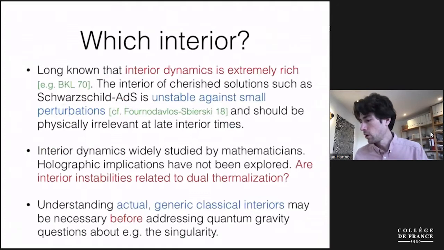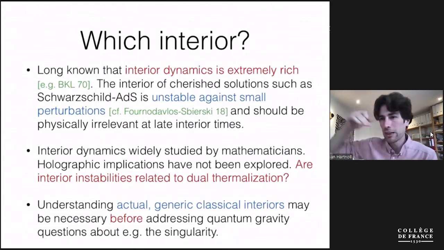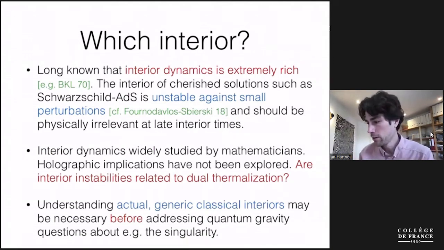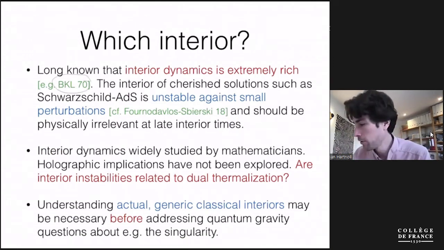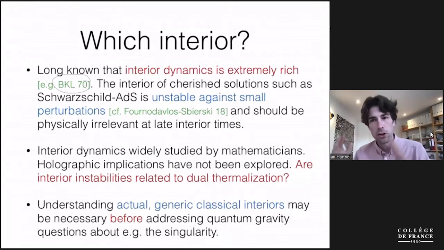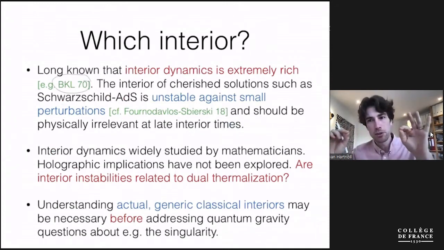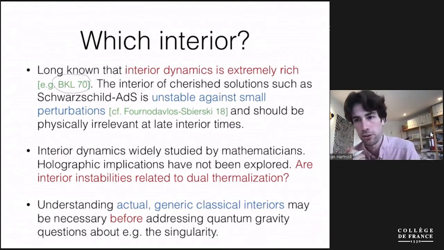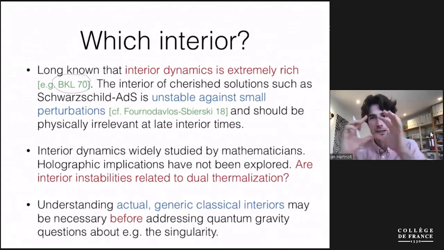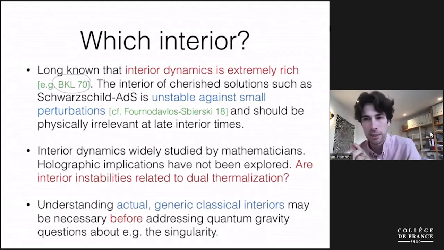It's been known for a long time, as I think you've been seeing in other lectures in this course, that the interior dynamics of a black hole as you approach the singularity is extremely rich. BKL is a famous example of this. But almost all the studies that people have done in holography of looking behind the horizon have just used the AdS-Schwarzschild solution. But the interior of AdS-Schwarzschild is actually unstable.